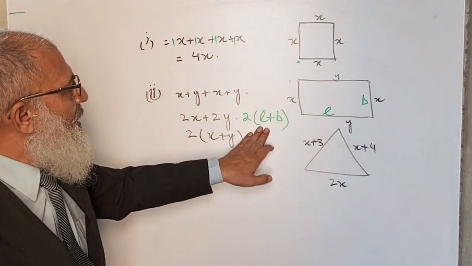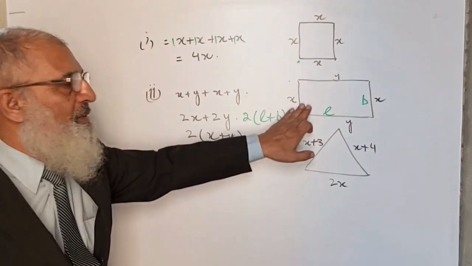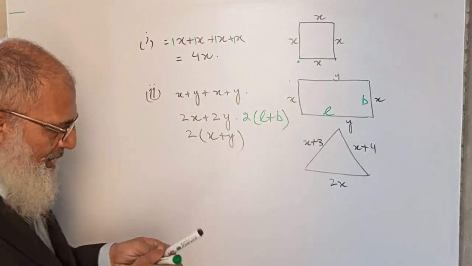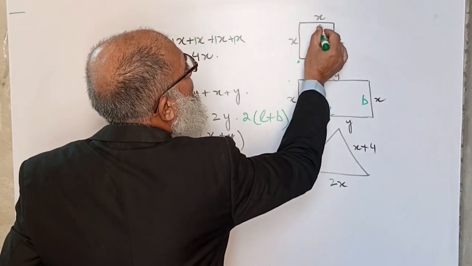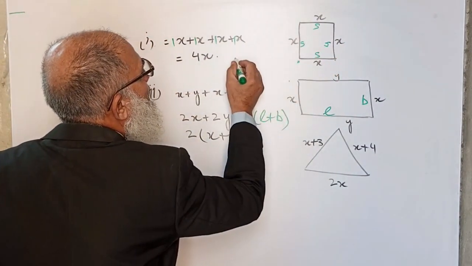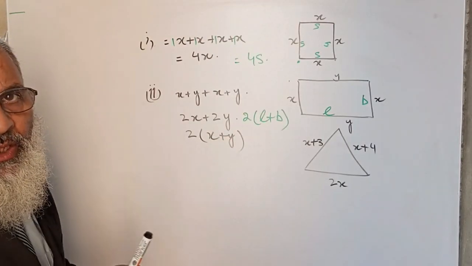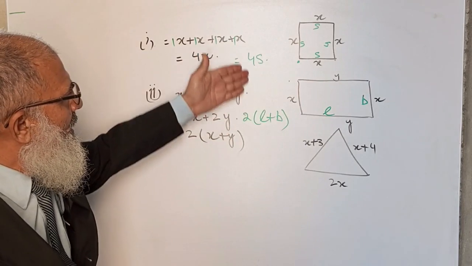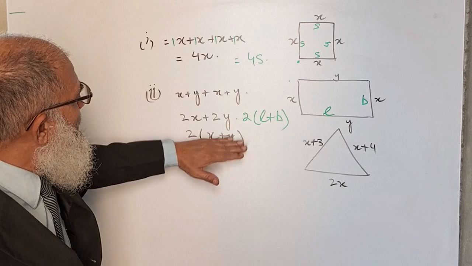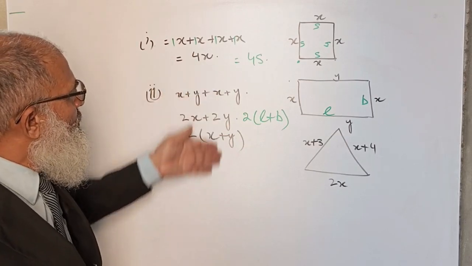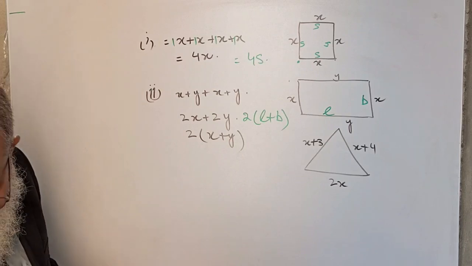This is the general formula for the perimeter of the rectangle. And similarly, if s means side, then it is 4s. It is the general formula for the perimeter of the square. For the rectangle, we were given x and y, so we solved it in x and y.